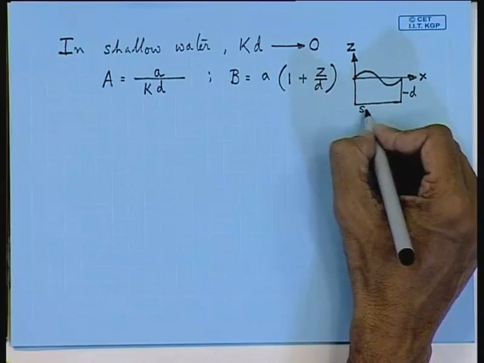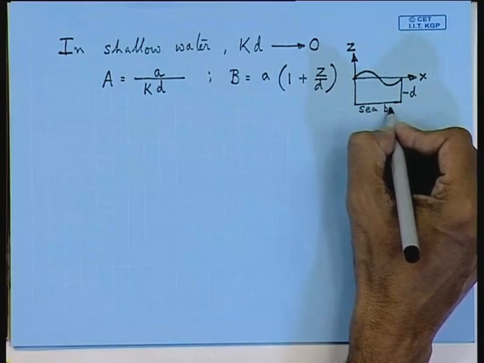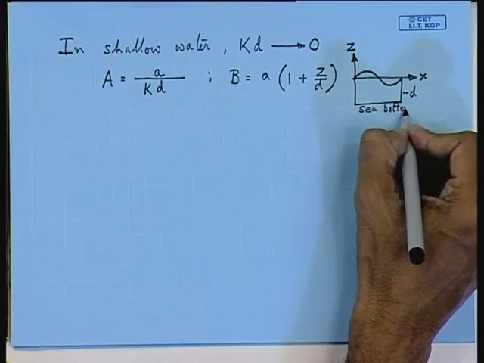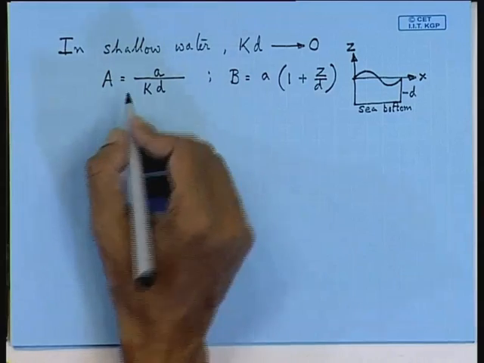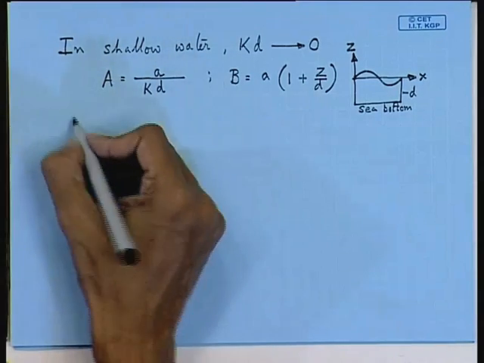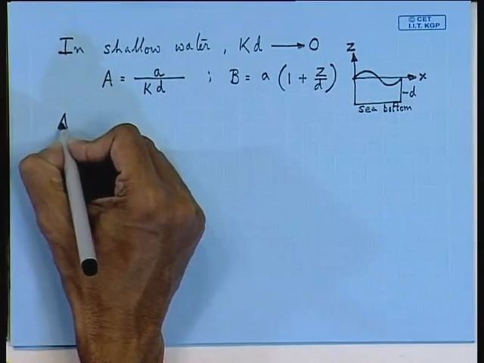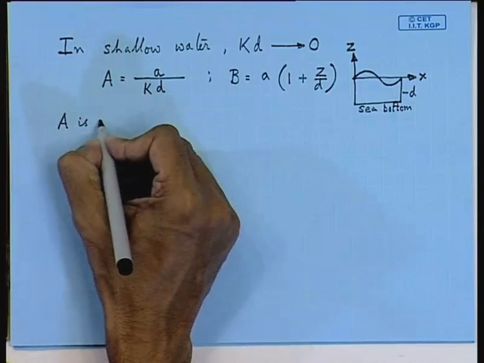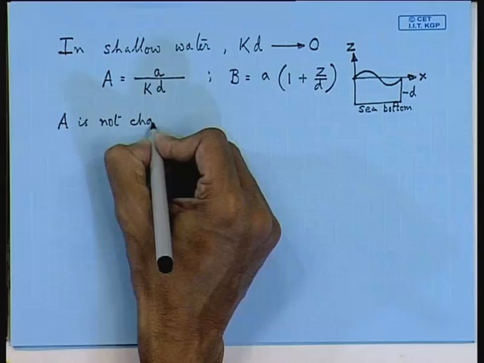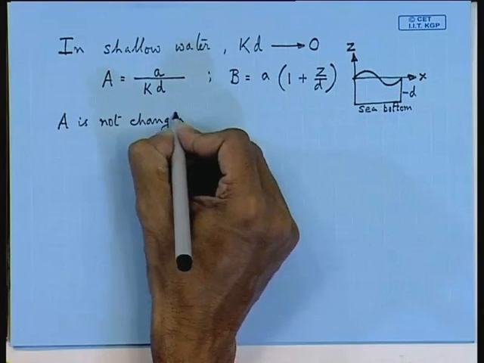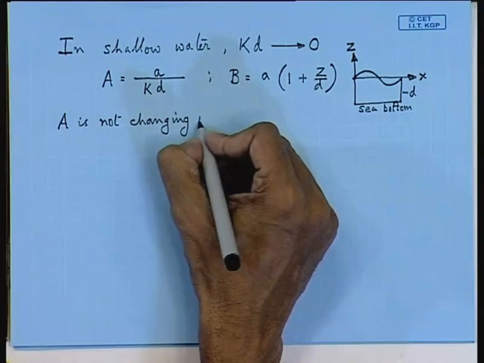Minus d is the sea bottom. Now, at the sea bottom what is happening? If you look at this expression for A, we will find that A is not changing with depth.